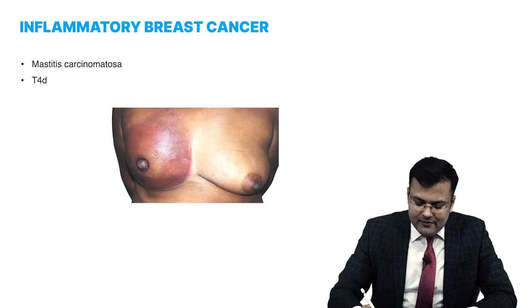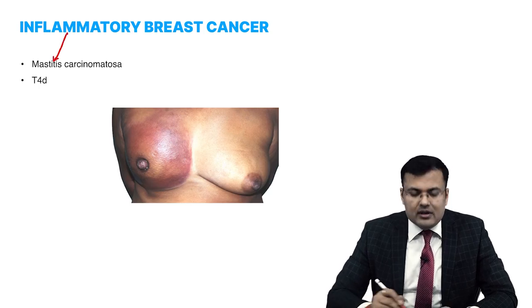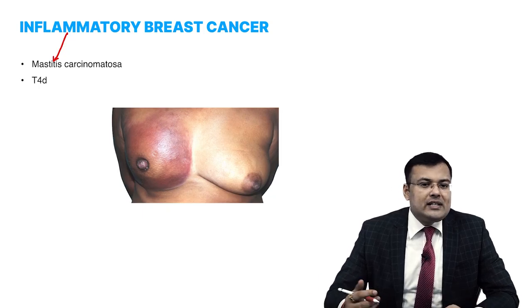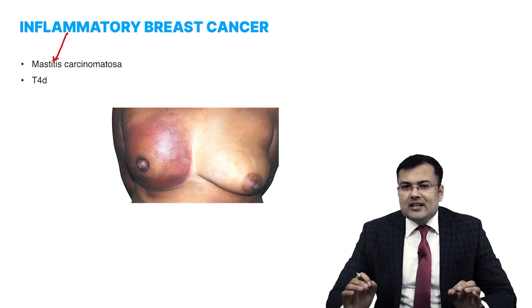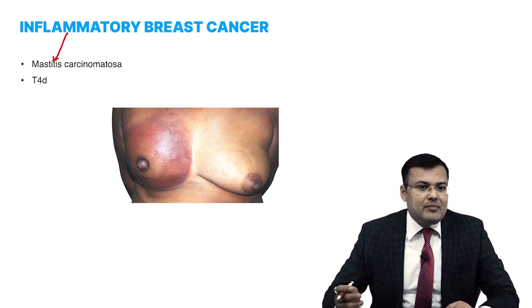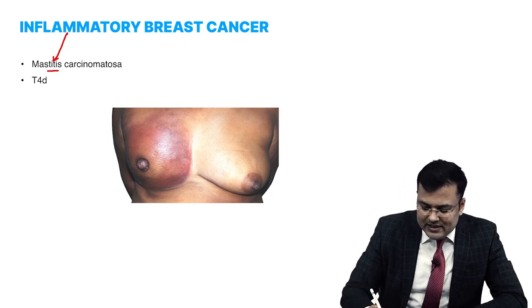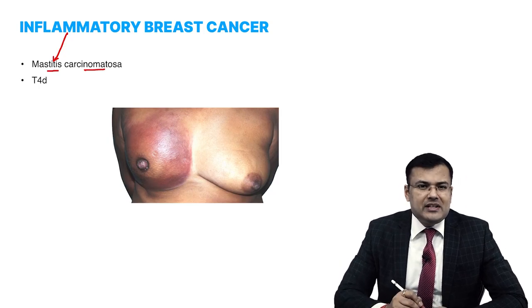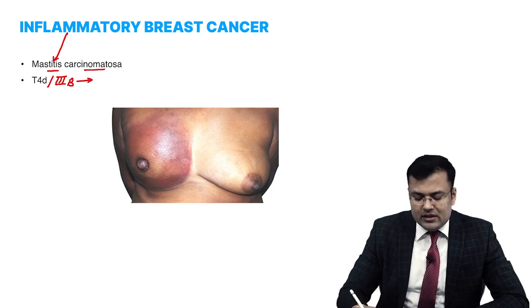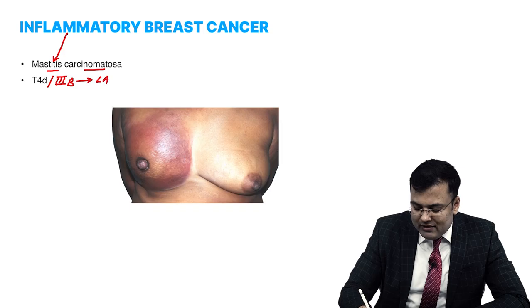Next, in most of the exams, this is an image based question. What is the name? Inflammatory breast cancer. The breast cancer looks like an inflammatory condition of the breast, that is mastitis or breast abscess. So the name is mastitis carcinomatosa. The stage is T4D, which corresponds to stage 3B, locally advanced breast cancer.